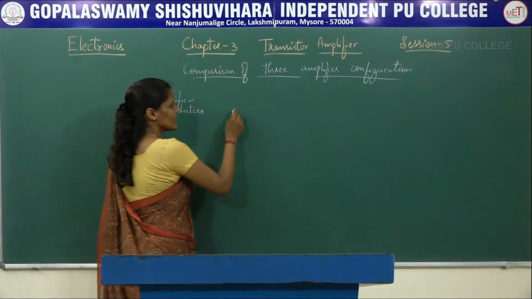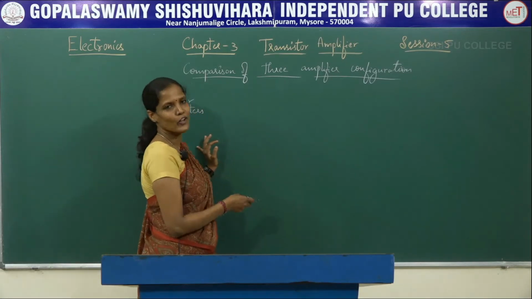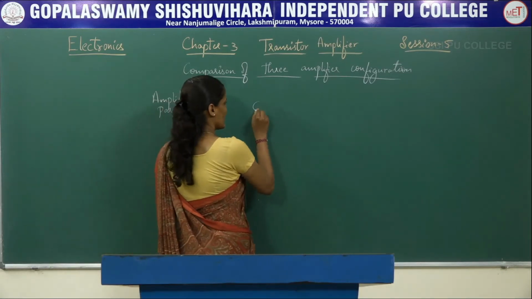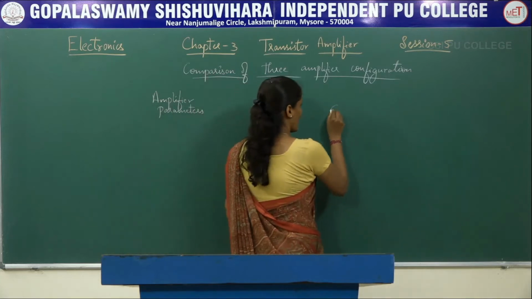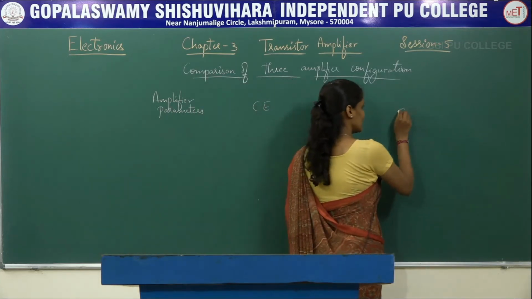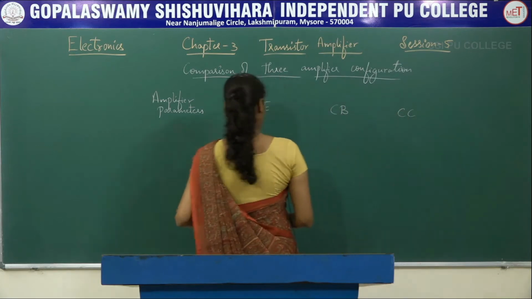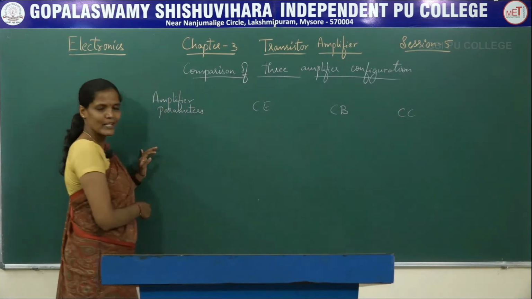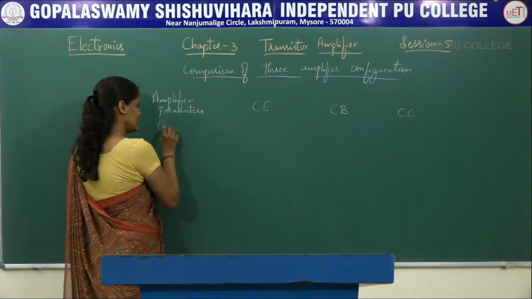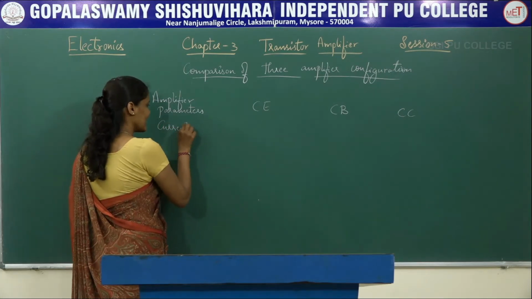So here we are going to see all the three different configurations, that is the common emitter, common base and the common collector configuration. The very first parameter we are going to see is the current gain.